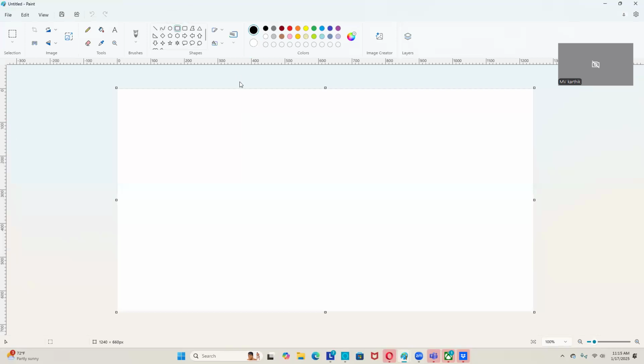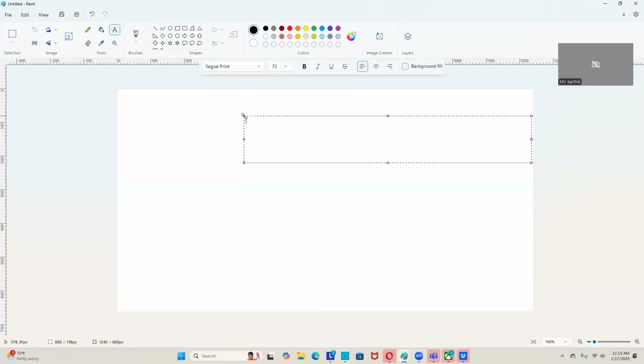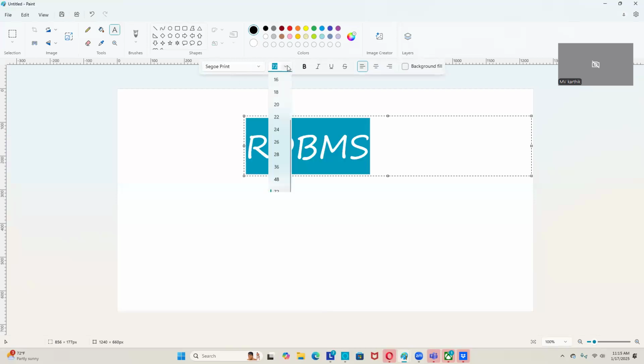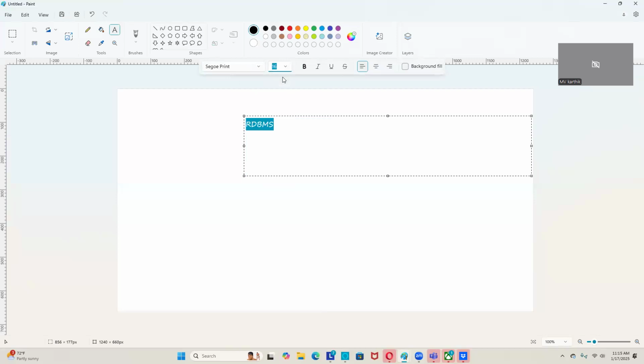Basically, we call the SQL database an RDBMS. So let's abbreviate this. What is RDBMS?